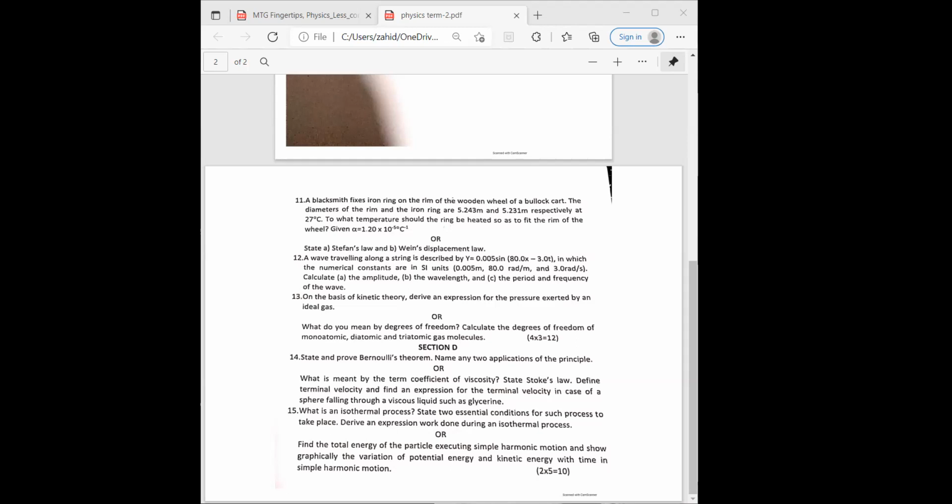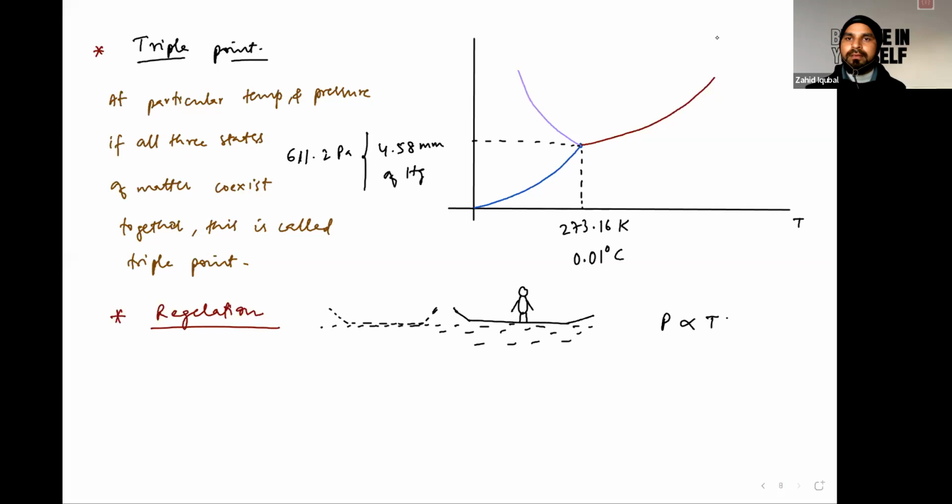So to what temperature should the ring be heated so as to fit the rim of the wheel if alpha is 1.2 times 10 to the power minus 5? Try to solve this part.